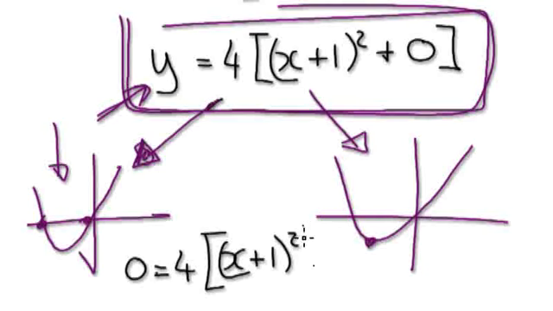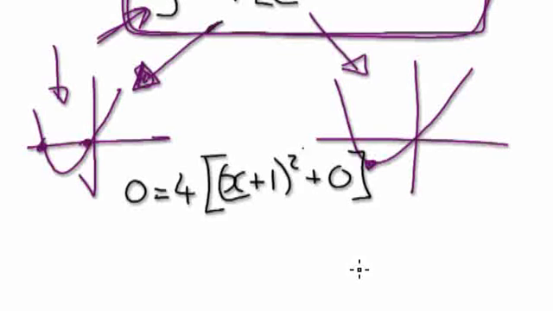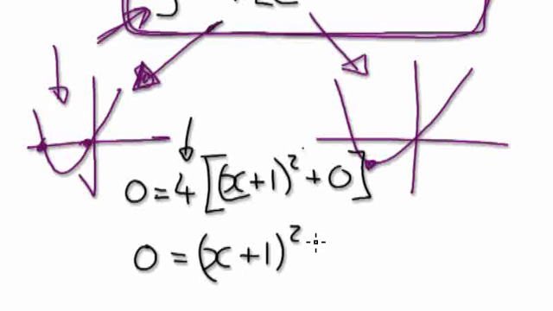Now divide both sides by 4, so this will be 0 equals x plus 1 squared.